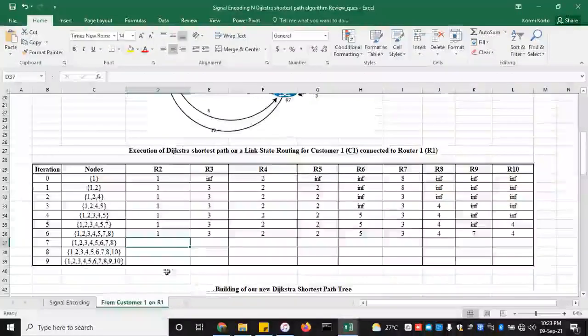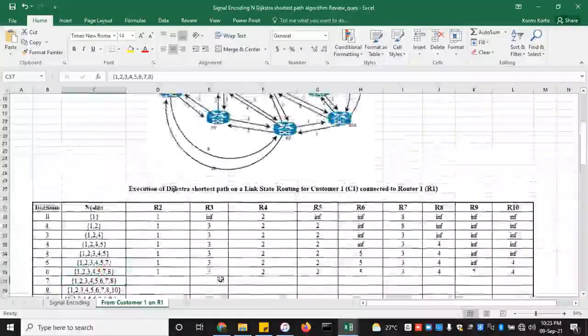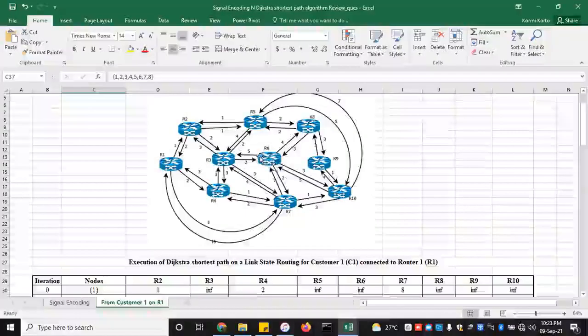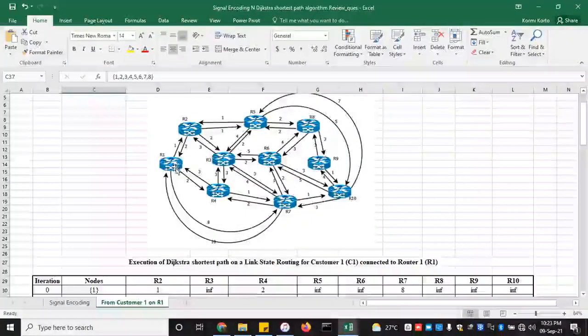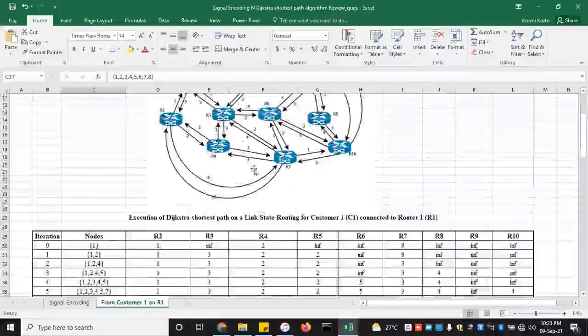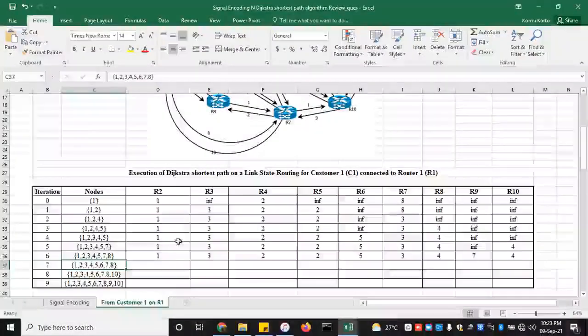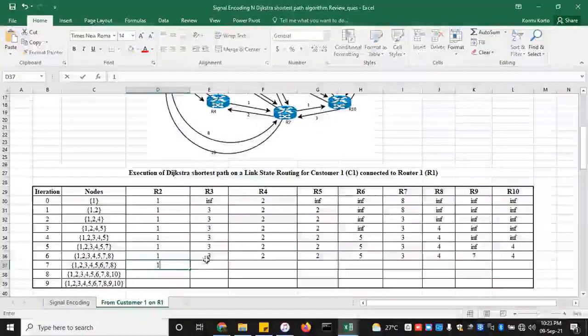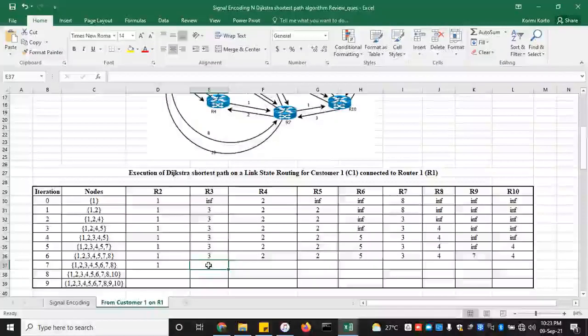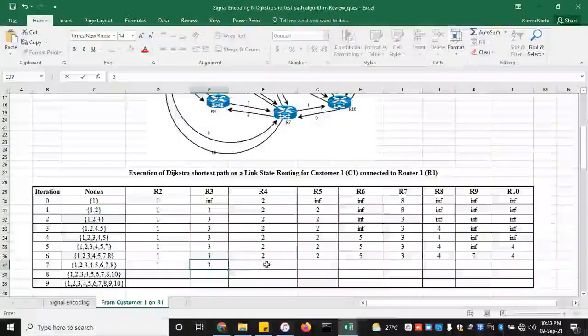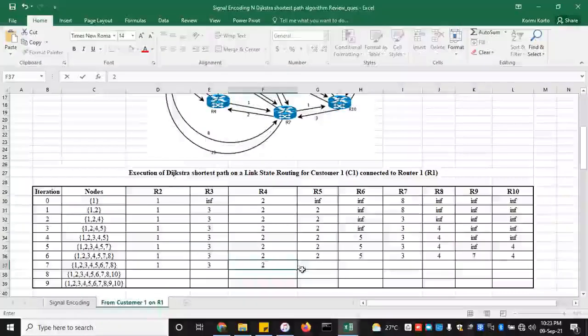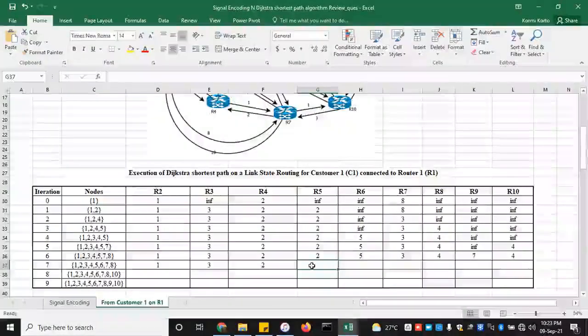Okay, now we've included 6. So now you have the option to get to 8 through this route, if you wanted to go through 6. So for 2 it will still be 1, 3 will still be 3, 4 will still have 2, 5 will still have 2.